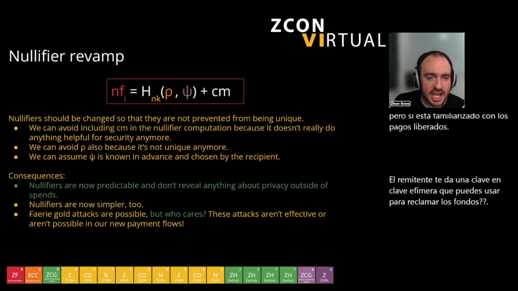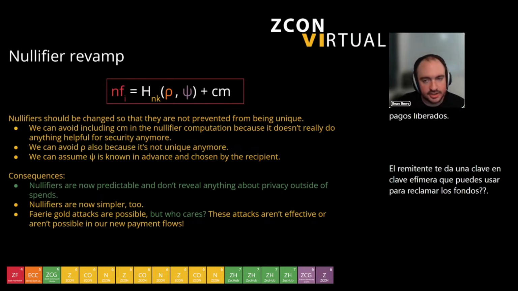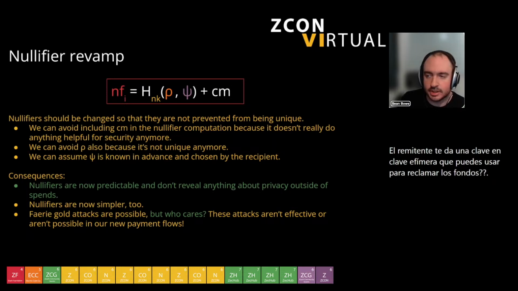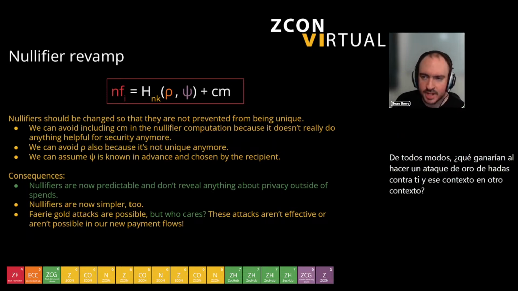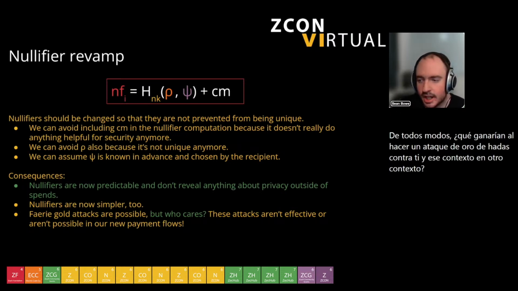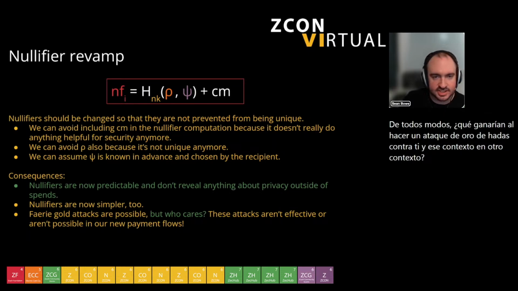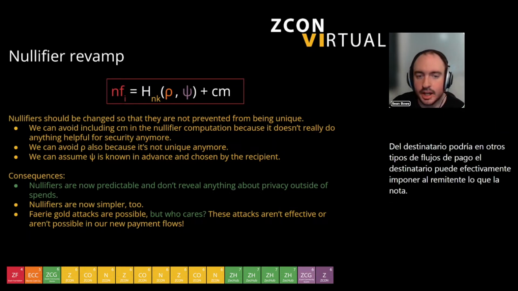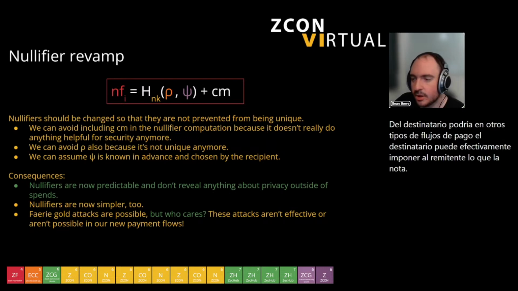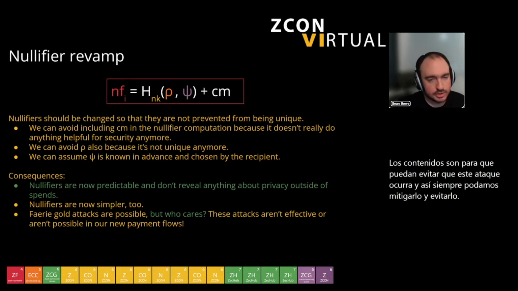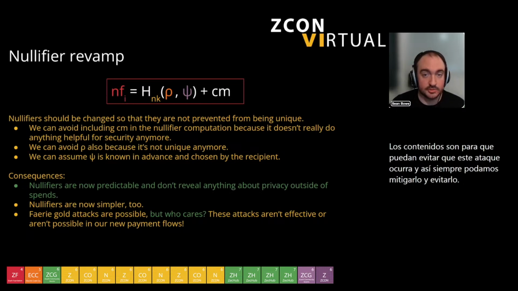What would they gain from doing a faerie gold attack on you in that context? In other kinds of payment flows, the recipient can actually impose upon the sender what the note contents are, so they can prevent this attack from happening at all. So we can always mitigate or avoid faerie gold attacks, I think. I don't think it's a big deal that we could change the protocol to make it so that nullifiers aren't forced to be unique.